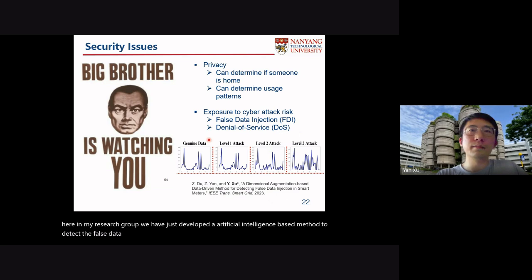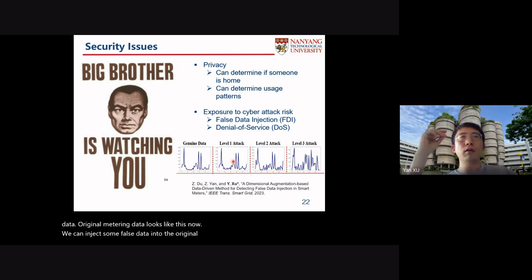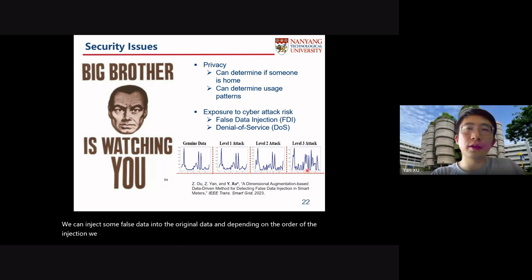Now, here are some examples. You can see this is the original metering data. It looks like this. Now, we can inject some false data into the original data, and depending on the order of the injection, we can have different levels of attack. You can see the level 1 attack is very minor. Visually, you may not distinguish the two, right? But for level 2 and level 3, the attack order is higher.